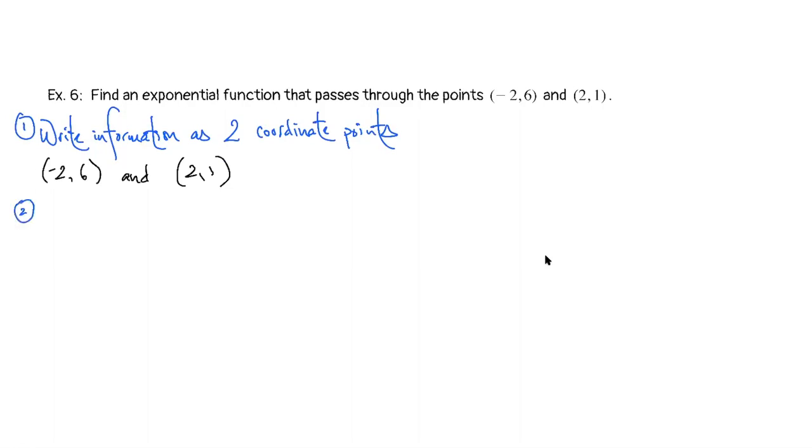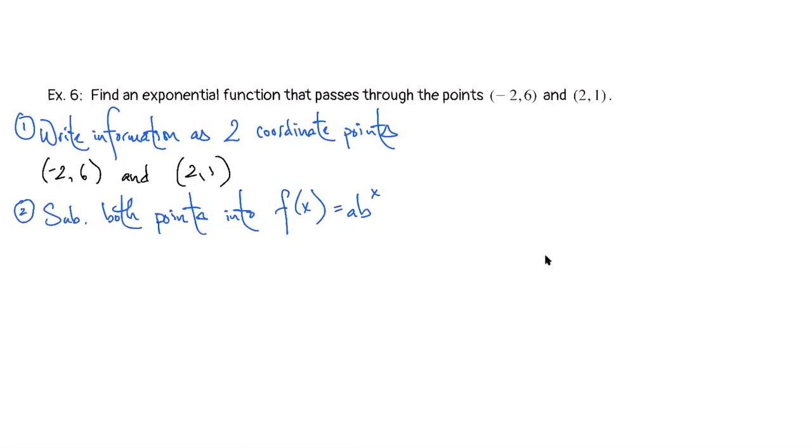Now, the second step we're going to do is we're going to sub both points into f of x equals ab to the x. So we're going to have 2 equations. Right?